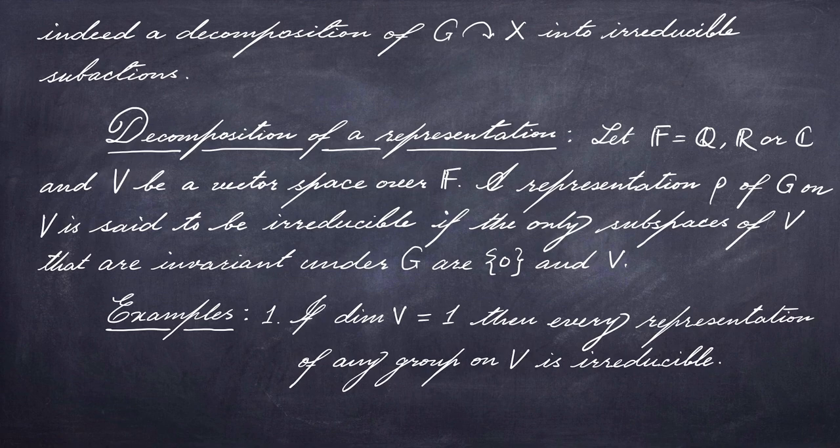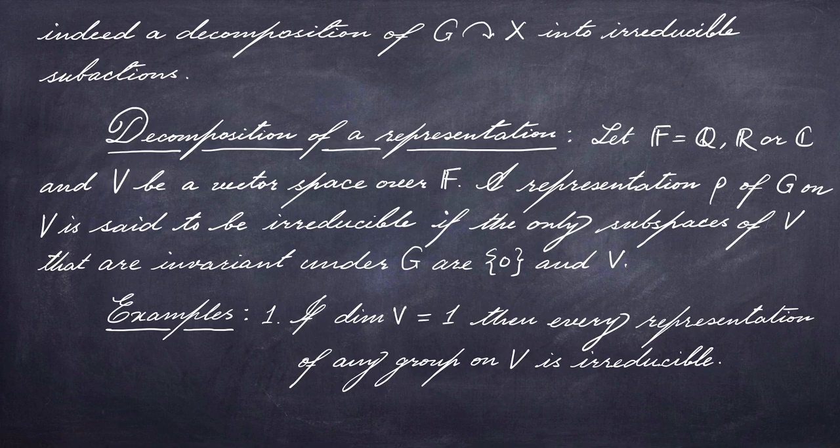As I have already said, whenever we define something for actions, or prove some theorem for actions, it is very natural to look at their analogues when the action is by linear automorphisms, that is, when we are having representations. So this is what we are going to do now. The decomposition of actions which we have just proved, we are now going to see its version for representations.